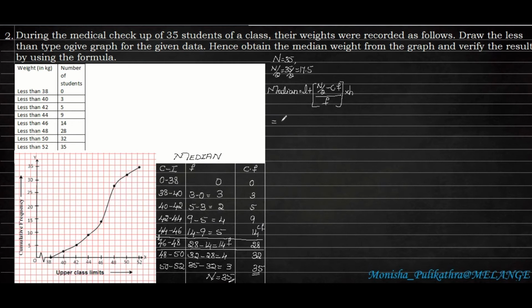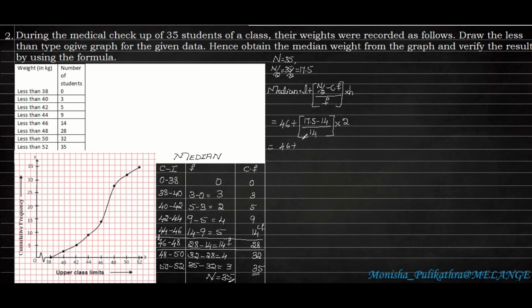So L is 46, plus n by 2 is 17.5, minus CF is 14, divided by F is 14 again, and H is the class size. When we subtract the class limits, 48 minus 46 is 2. So this is the class size.